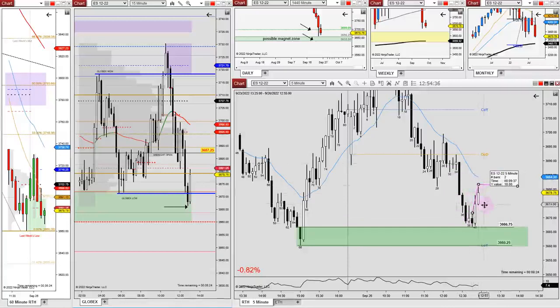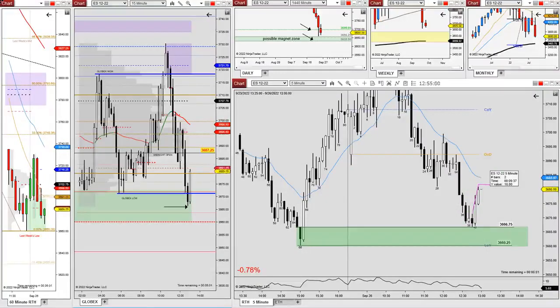Okay, so if they do close this bull bar above 3678.50, they're going to try to continue going up to 3684. And if they do close above it, then they can actually take the market all the way up to 3693.